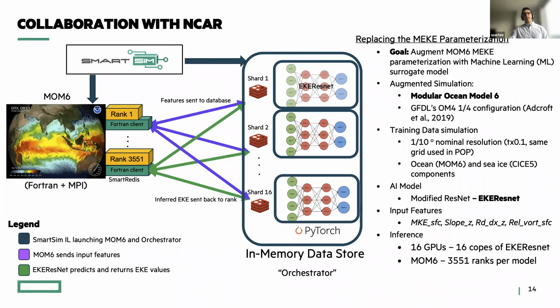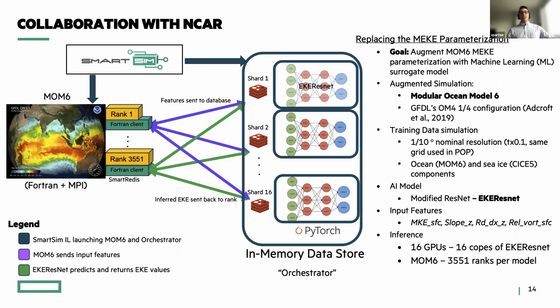We started with this setup that you see here. So this is the first setup that we used in our attempt to replace the Mickey parameterization that I think started in Jansen et al. in 2015. And the simulation that we were targeting was MOM6 in that 1/4 degree that Alistair did.